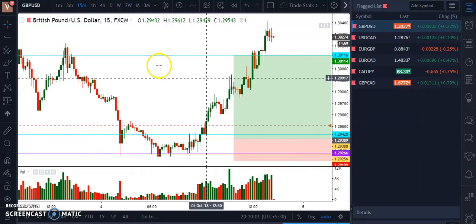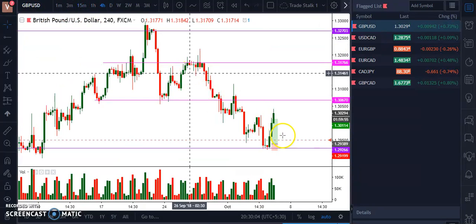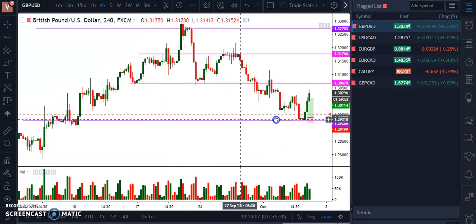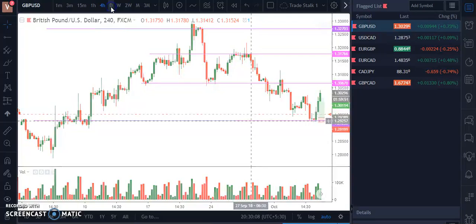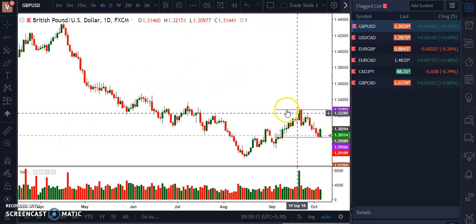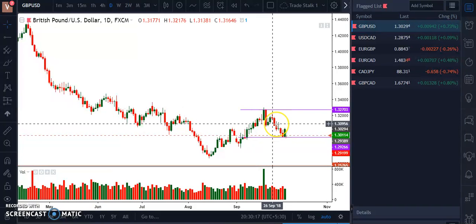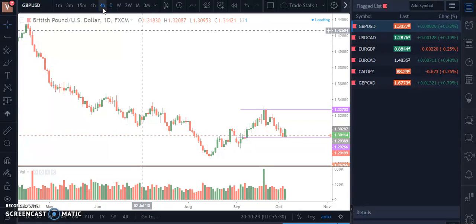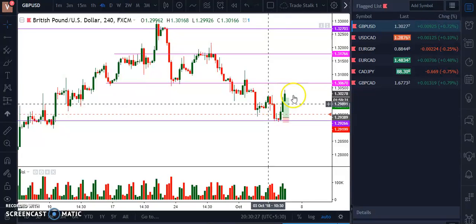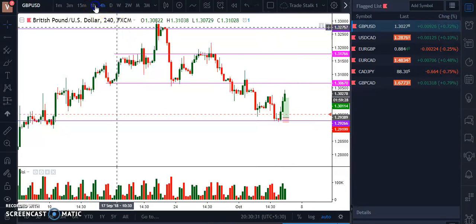So for Pound US, I was seeing this as it's reacting at a very nice daily area over here, and the seller's move down was not strong, so I was expecting another buy move up.